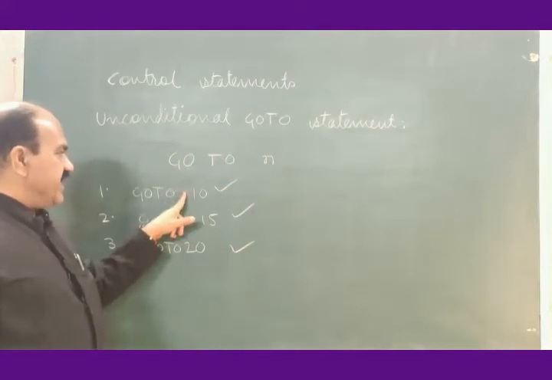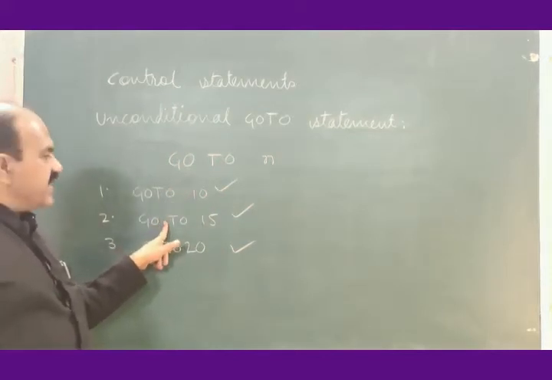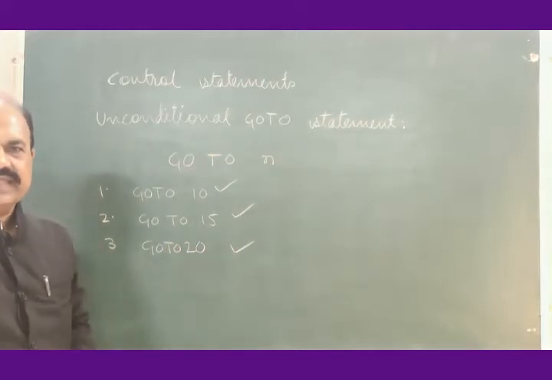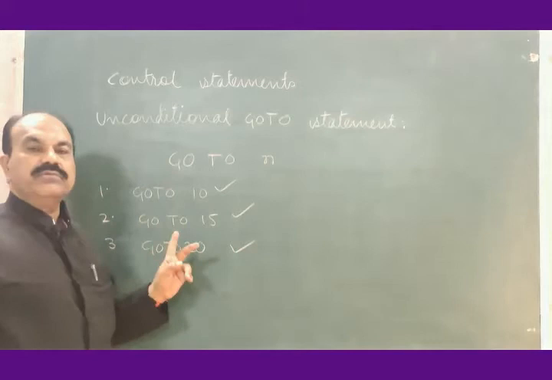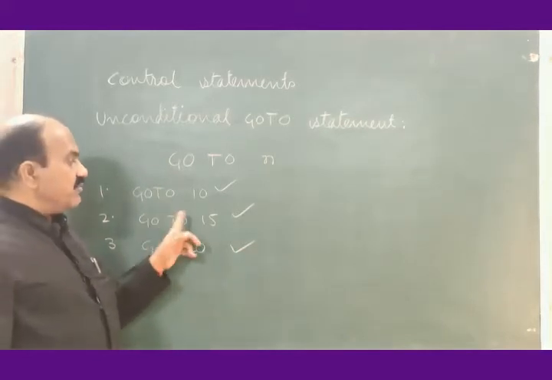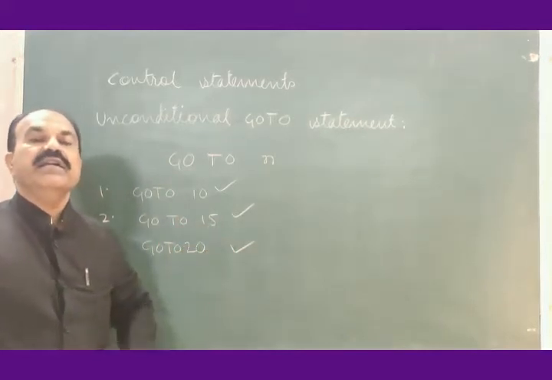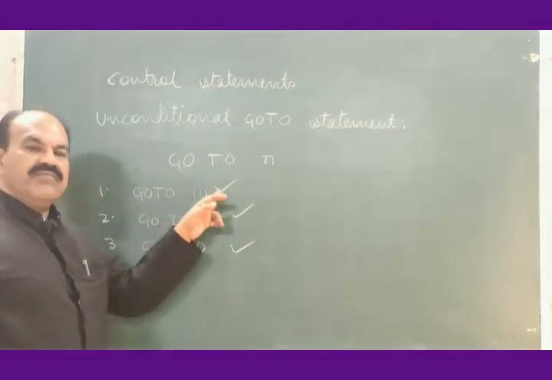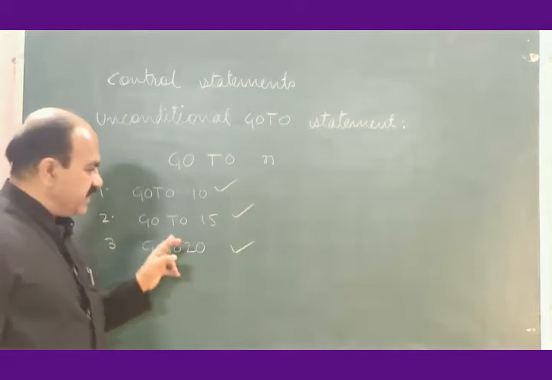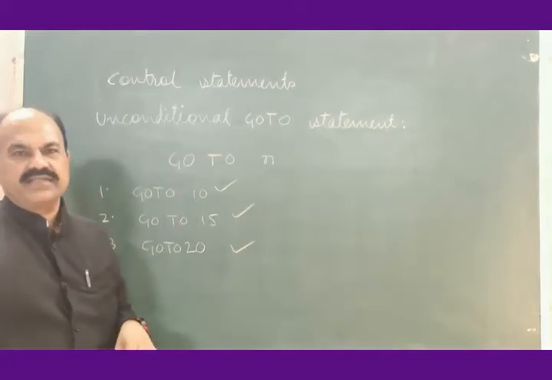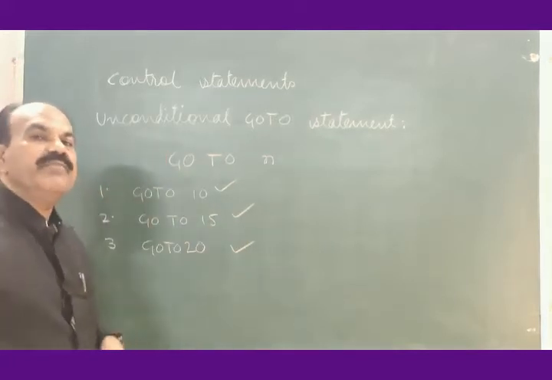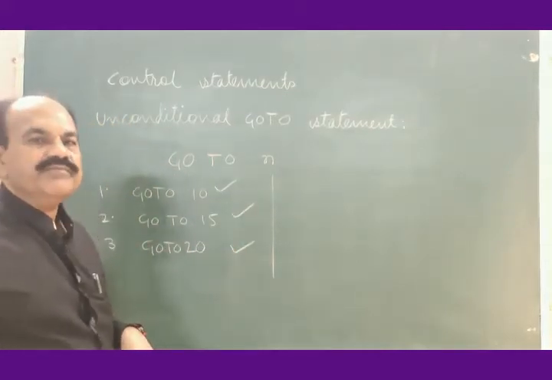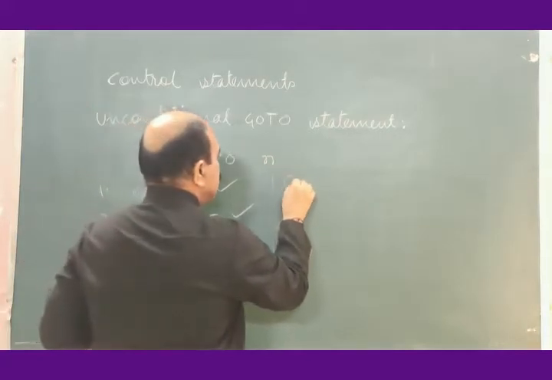This space is optional. The spacing between GO and TO, and the spacing between GO TO and the statement number, is optional. As it is optional, all these examples are correct.